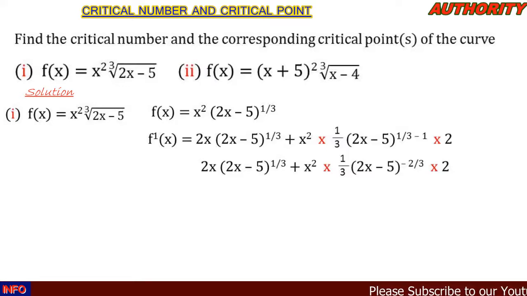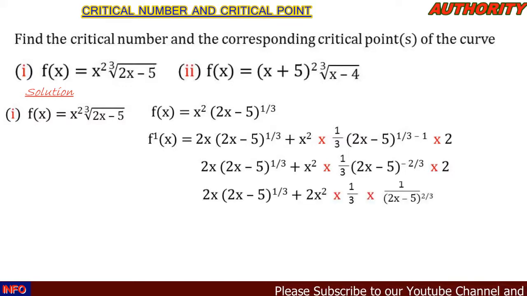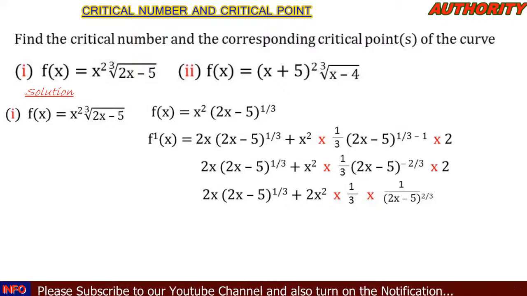Now we're going to have 2x (2x minus 5) raised to power 1 all over 3 plus 2x squared times 1 all over 3 times 1 all over (2x minus 5) raised to power 2 all over 3. This last time we have (2x minus 5) raised to power minus 2 all over 3, so this minus is going to give us 1 all over (2x minus 5) raised to power 2 all over 3.